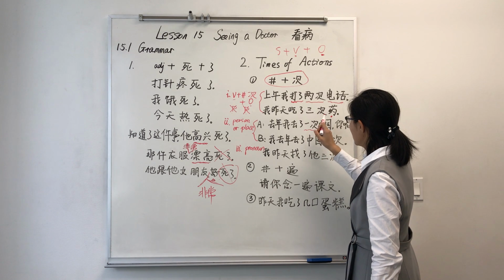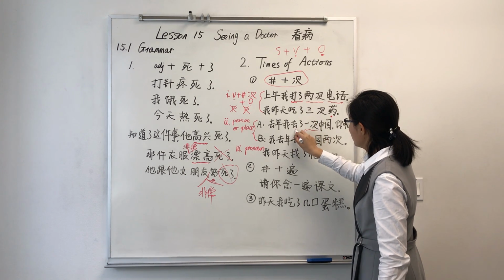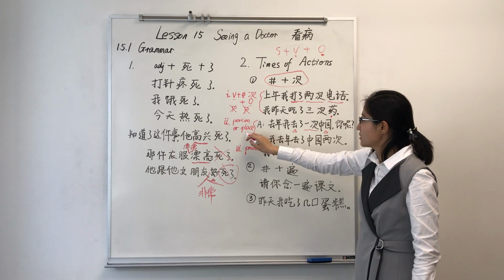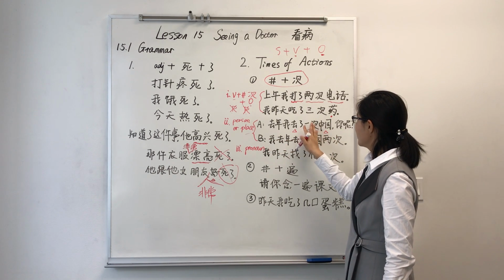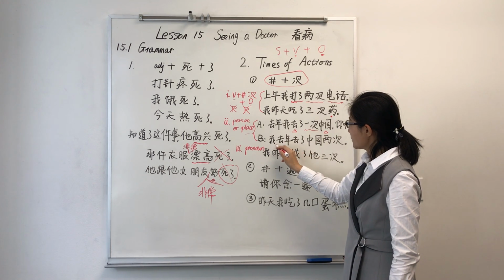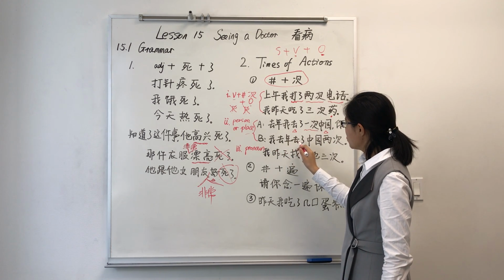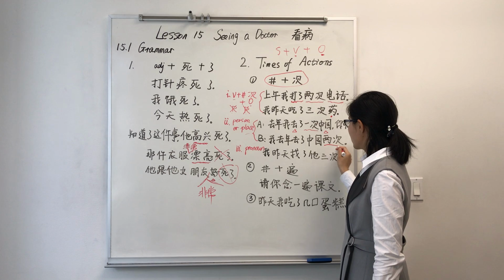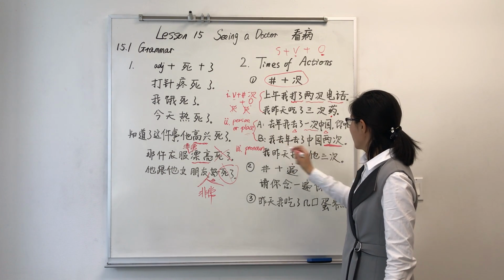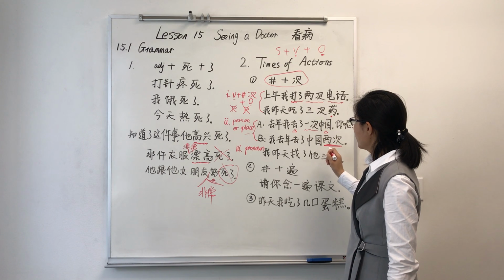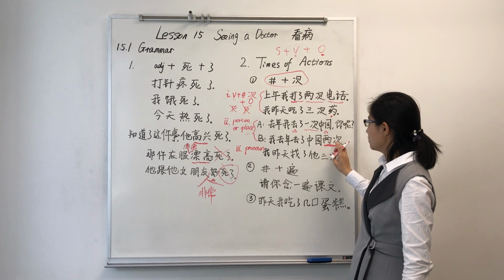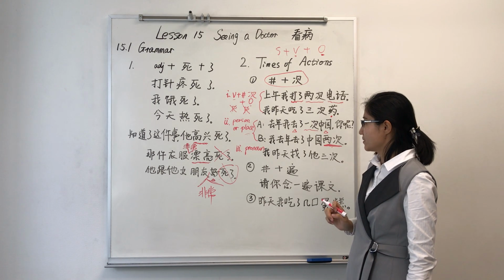We put 一次 here between 去 and 中国 because 中国 is a place. We can also move it to the end of the sentence. So the answer is 我去年去了中国2次. Because 中国 is a place, we can put it here. If the object is a person, we can also move it to the end of the sentence.